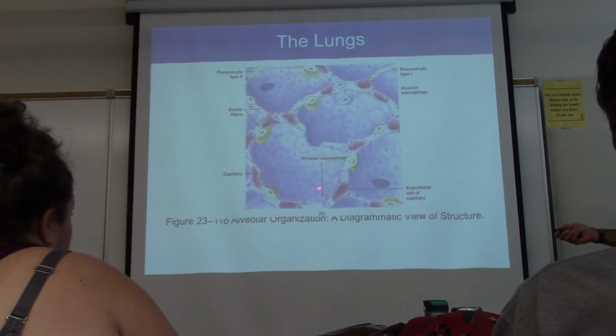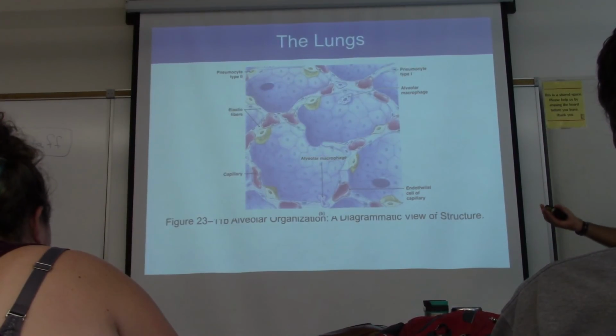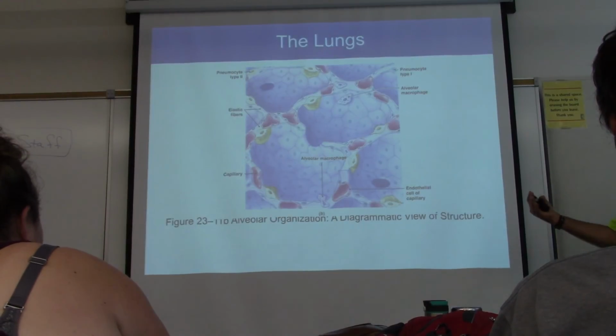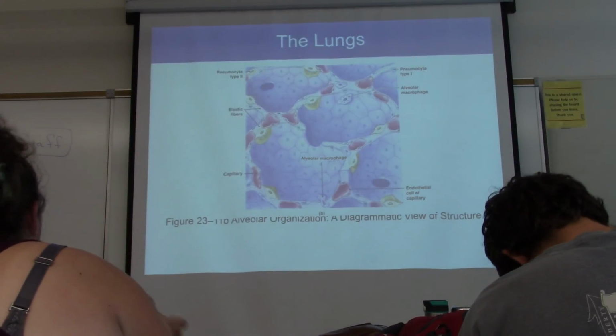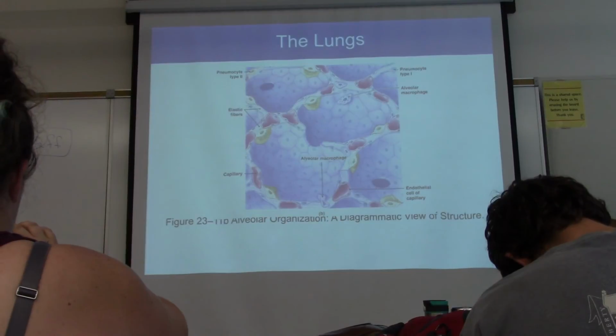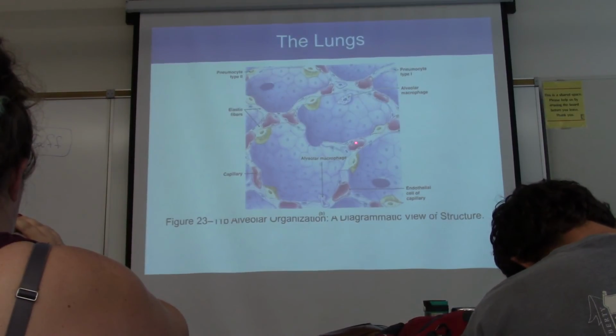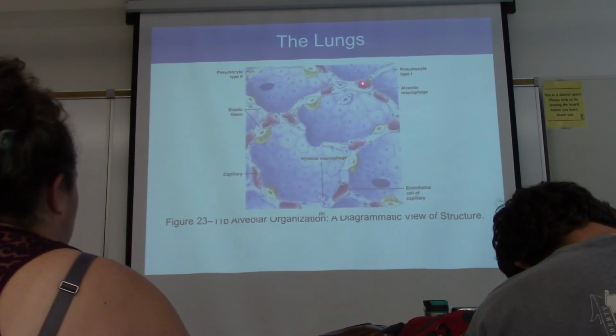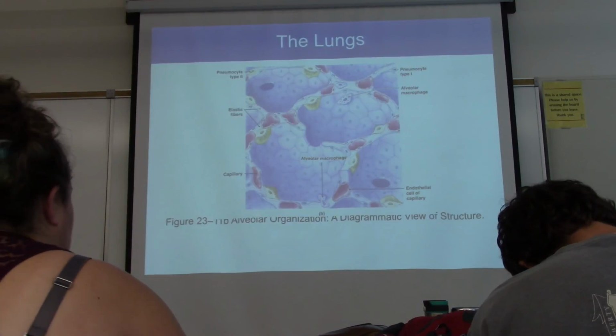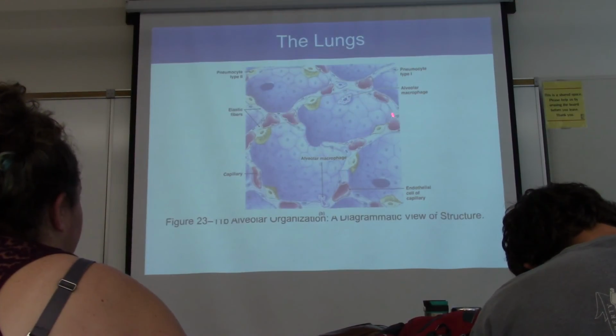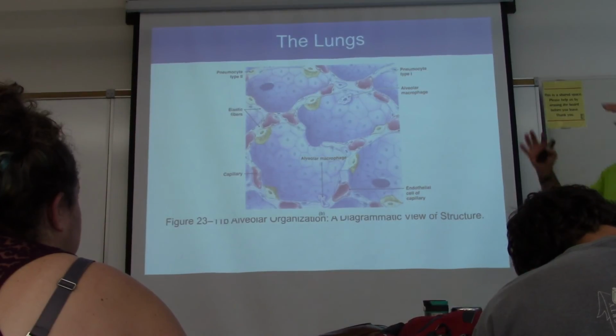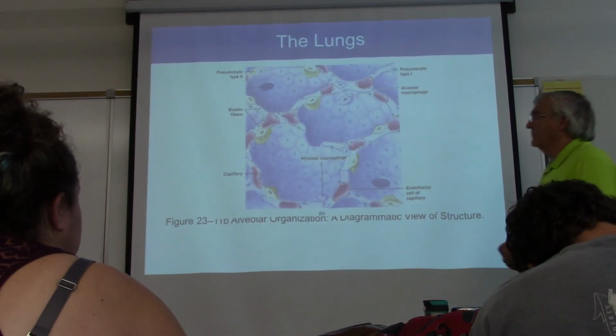And all of these cells here are going to just be having oxygen and carbon dioxide diffusing straight through them. Because connected to every alveolus and going all the way around the alveolus is a whole bunch of these little capillaries, which you see here. So here's one alveoli that has 1, 2, 3, 4, 5, 6 different capillaries going around it to pick up the oxygen.